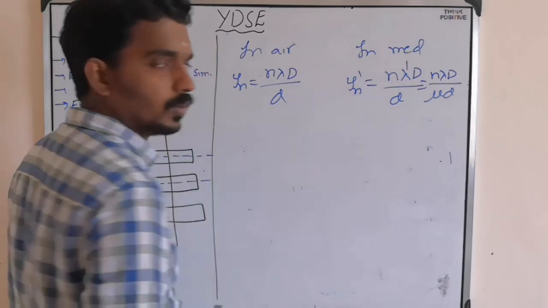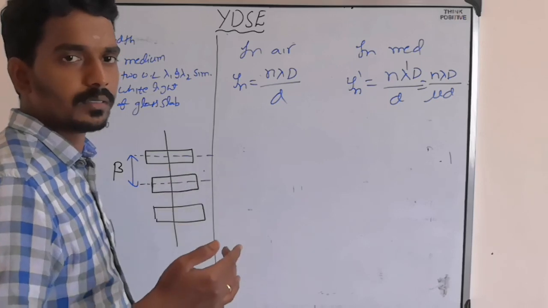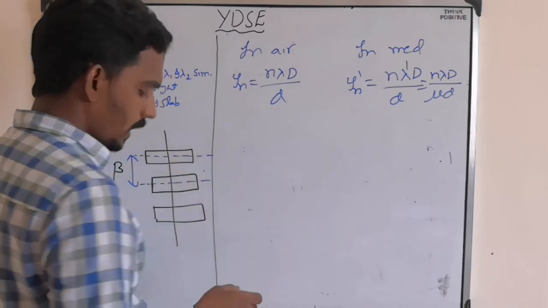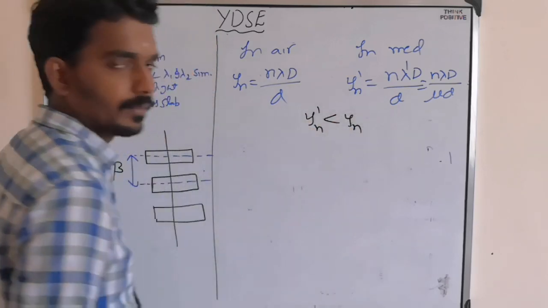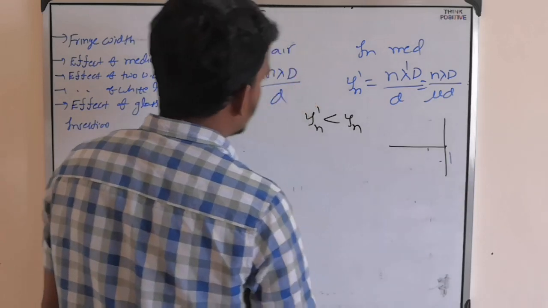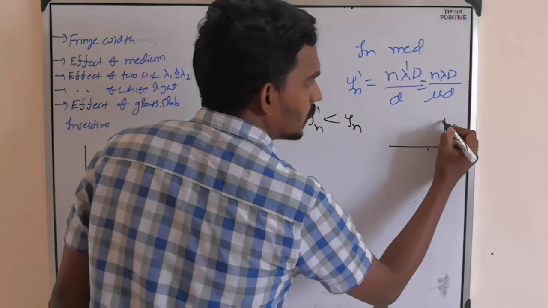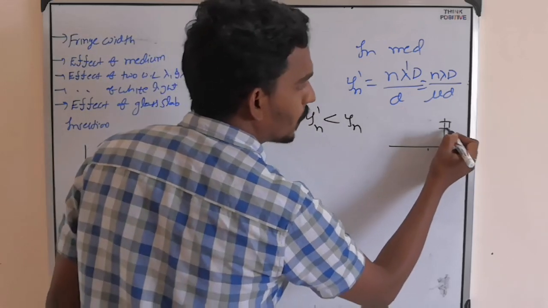So the mu value is greater than 1, so yn dash is less than yn. So on the screen, if initially the third bright fringe is forming here, now it will come closer by some distance.